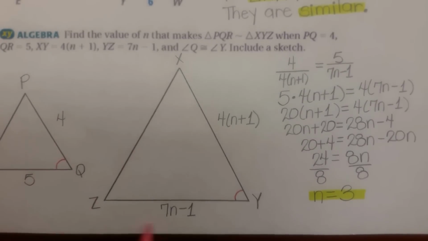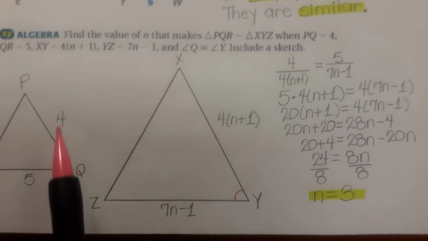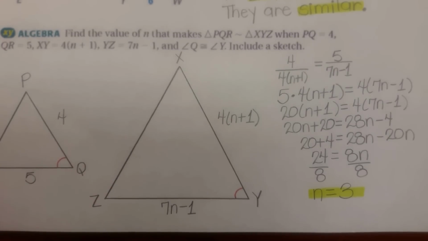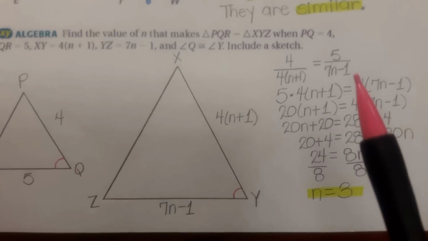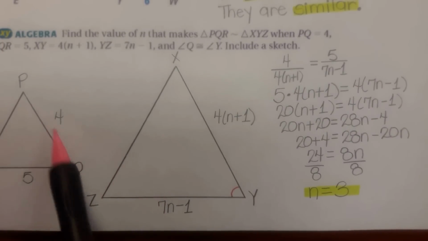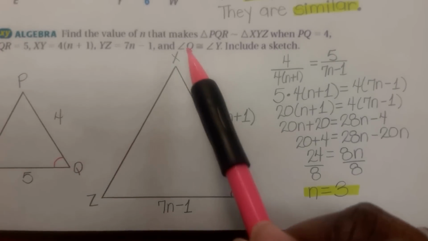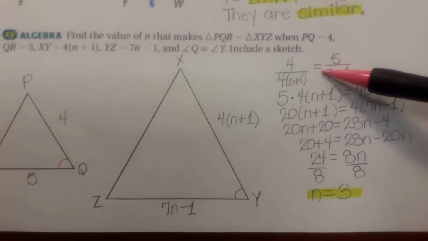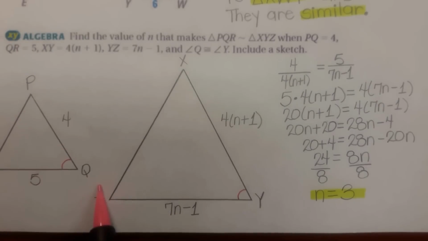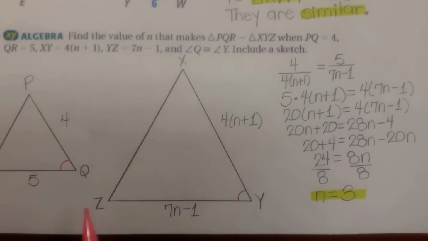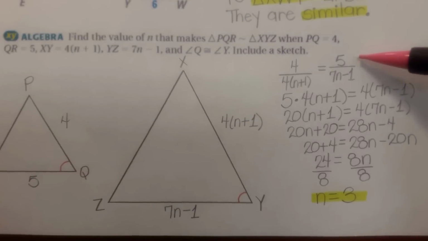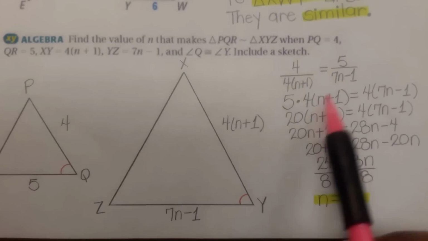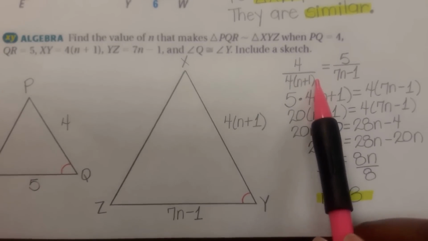So when I draw my sketch, I notice I'm dealing with a side, an angle, and a side. Okay? So I know that PQ corresponds to XY, so I set it up that way, equals RQ corresponds with YZ. So if you notice, I have a proportion.